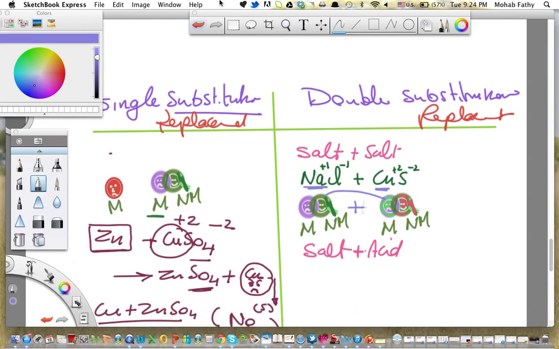The metal will be attached to the non-metal. Na with S. Yes, the Na will be attached to the S, and the chloride will be attached to Cu. So what are the resulting compounds? I want you to say them with their balance, meaning the right formula.